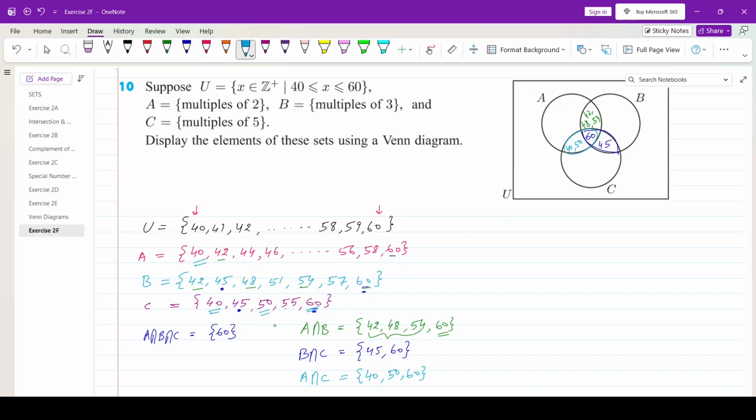Now we'll move to set A. Now set A, out of the elements of set A, we have already written this many elements.